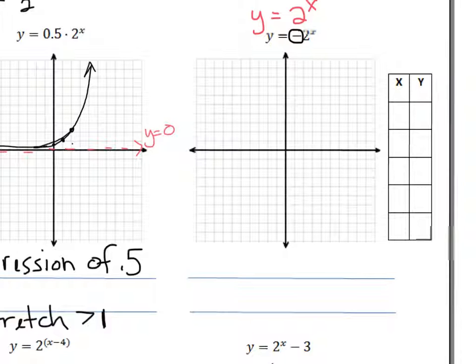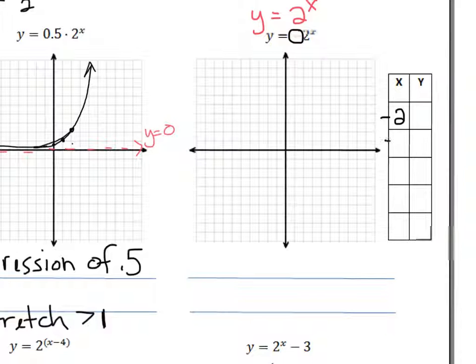Well, we talked about negatives being multiplied. Again, in the first 9 weeks, everything builds in Algebra 2, just like Algebra 1. So that negative we use as a reflection, which means instead of the curve going up, the curve's going to go down. So now we take each of the numbers that we got from the chart.